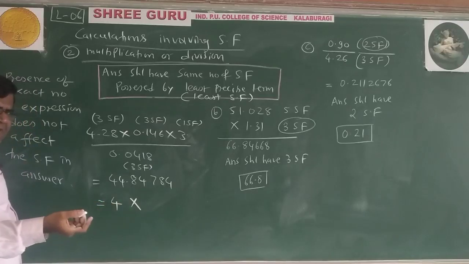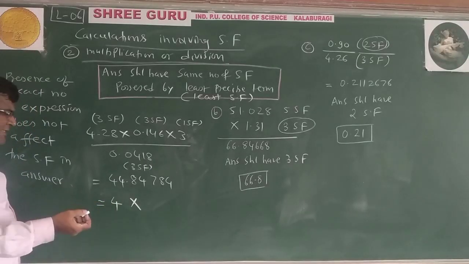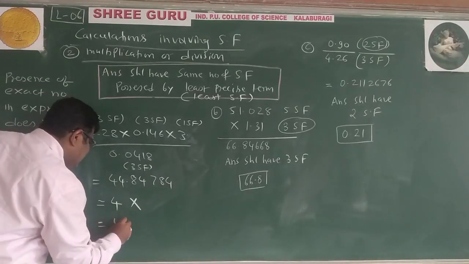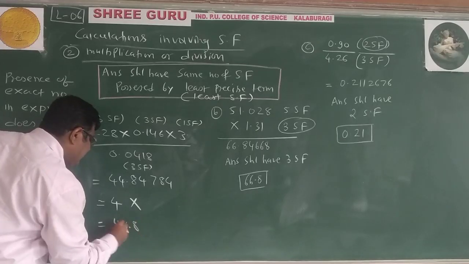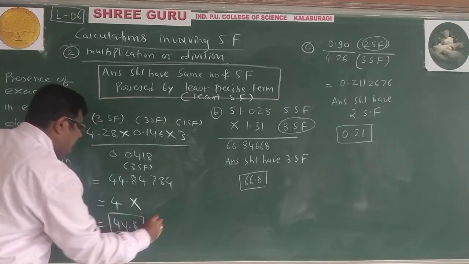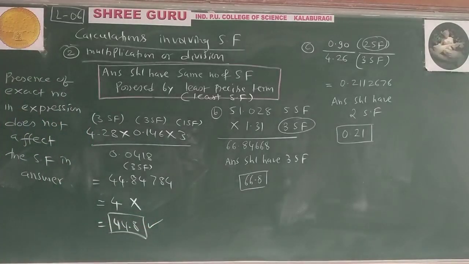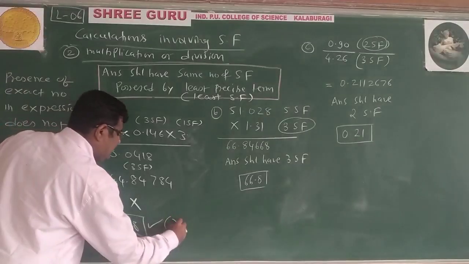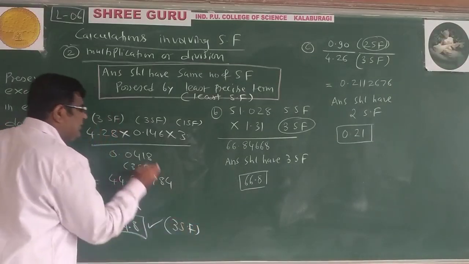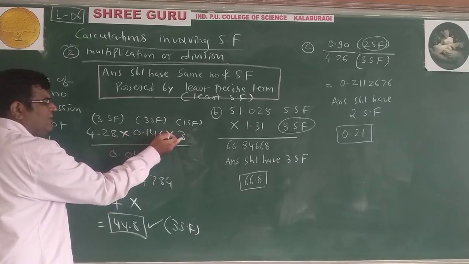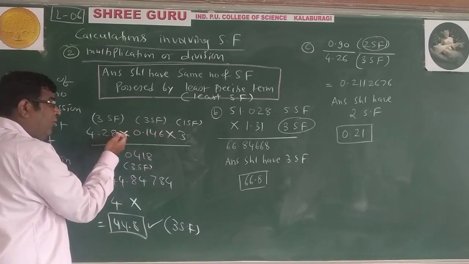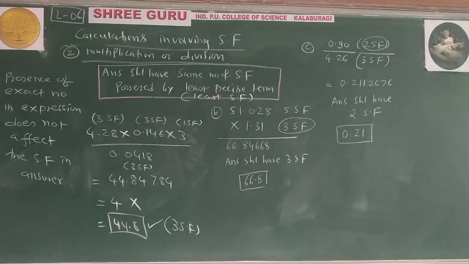We can drop it as it is, because 4 is less than 5. So the answer is 44.8. That would be the correct answer, because apart from this 1 significant figure, other terms contain 3 significant figures.